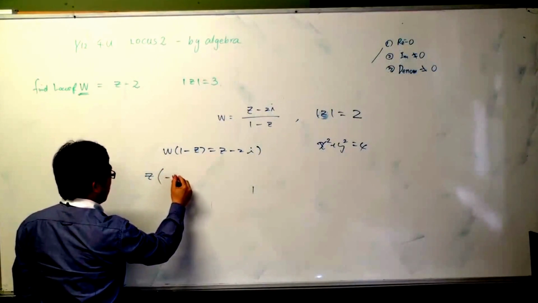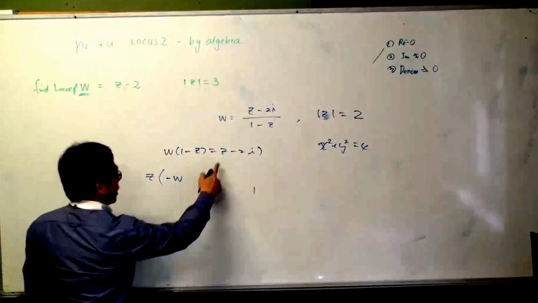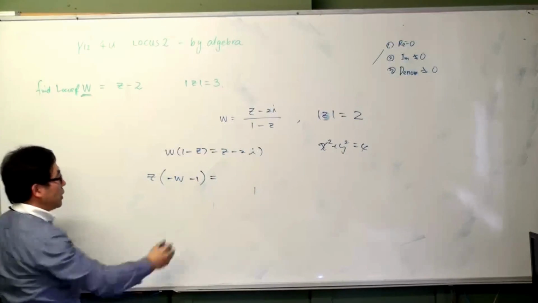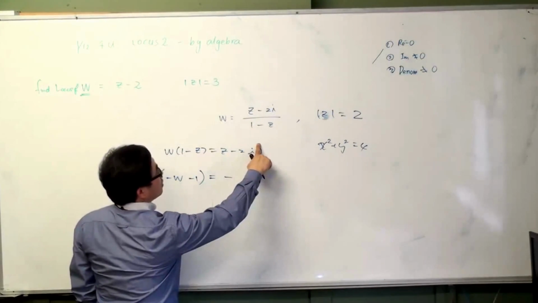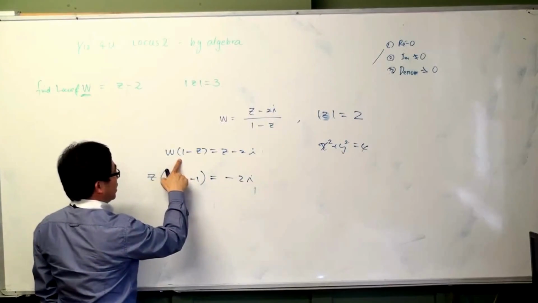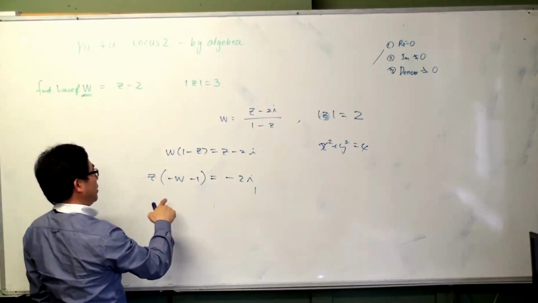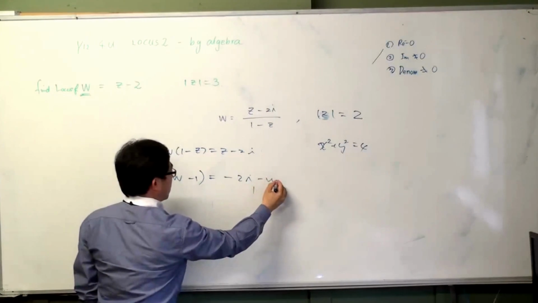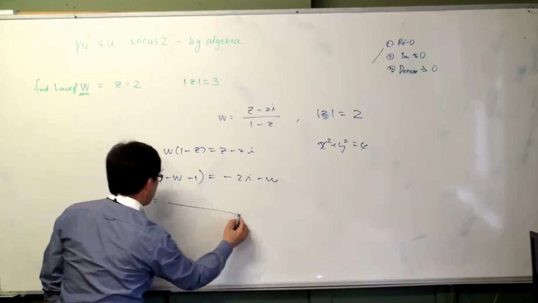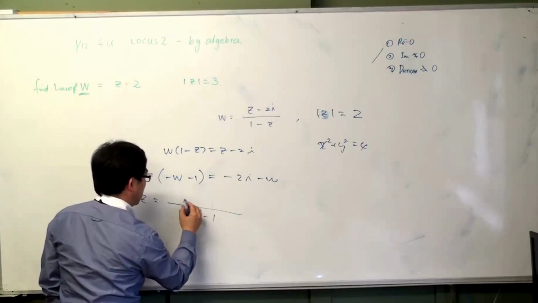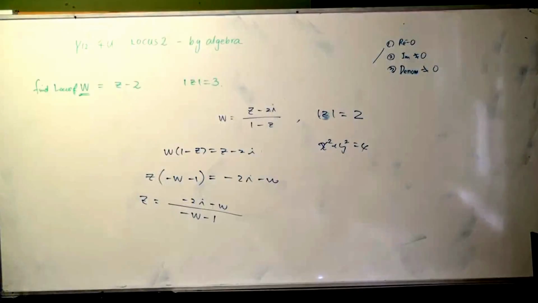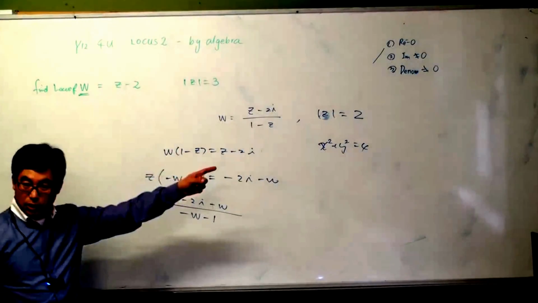So minus w, and there will be minus 1 as usual. Then minus 2i. What do you have left here? Minus w, isn't it? Then z becomes minus w minus 1, minus 2i, minus w. Then solve it in.